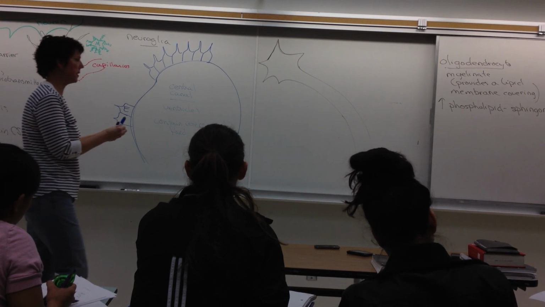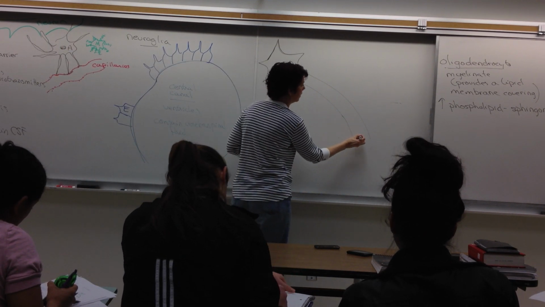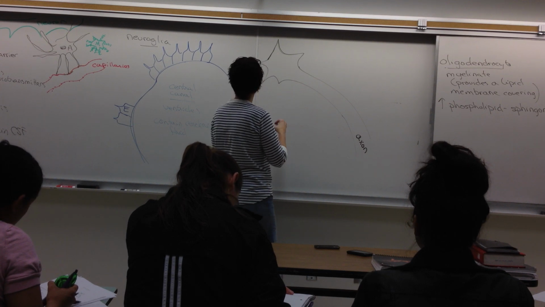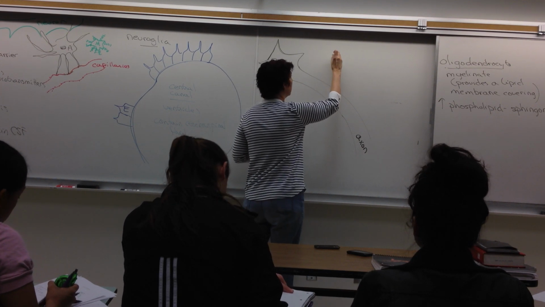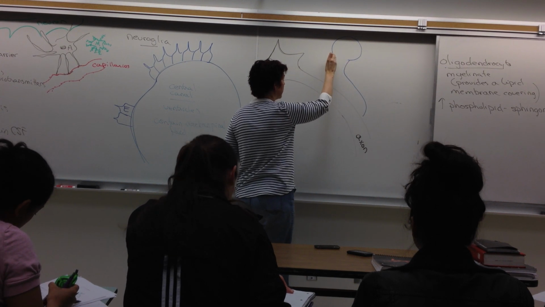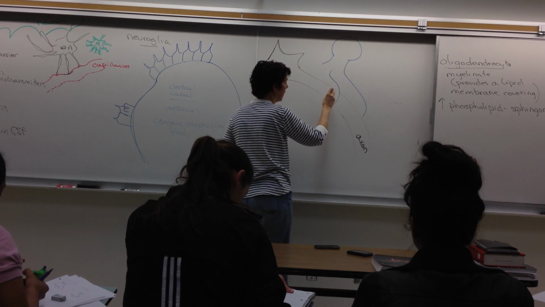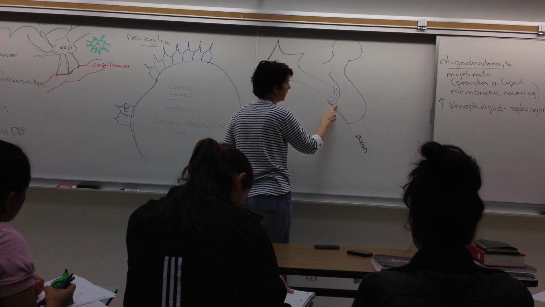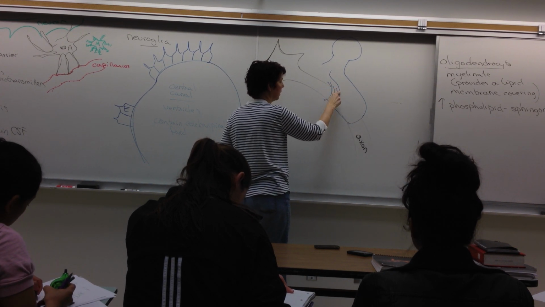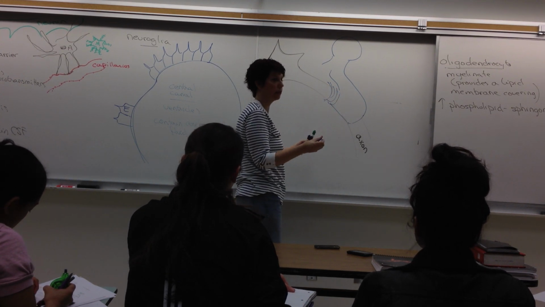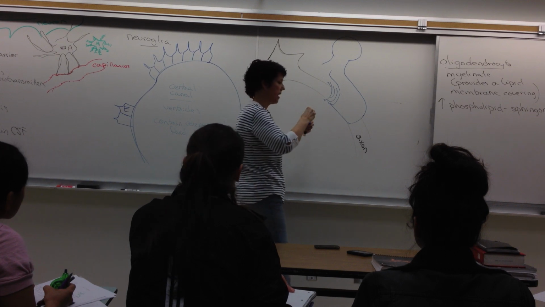The oligodendrocyte will wrap around, we'll send a process that will wrap multiple times around that axon and create a myelin sheath.